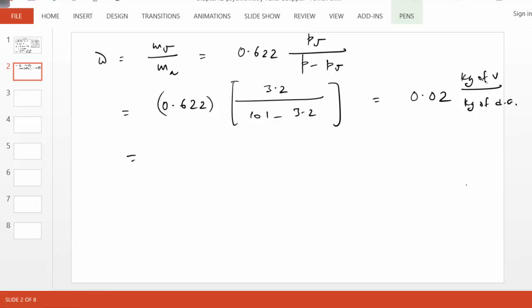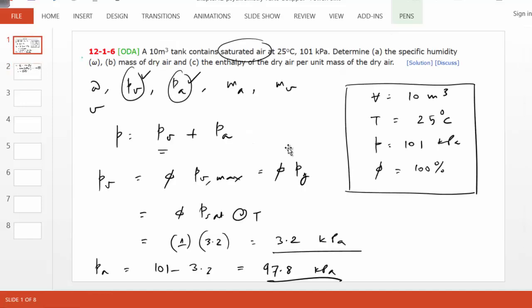Or most of the time, the vapor is so small, it is multiplied by 1000 and written as gram of vapor per kg of dry air. That's sometimes the unit used in the psychrometric chart.